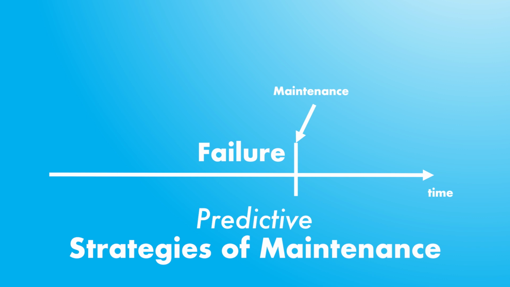Predictive or condition-based maintenance is more proactive. Instead of relying on fixed schedules, it involves continuously monitoring assets to detect deviations from normal condition. The convergence of artificial intelligence, machine learning, and in-depth knowledge of physics is vital in advancing the effectiveness of this strategy.